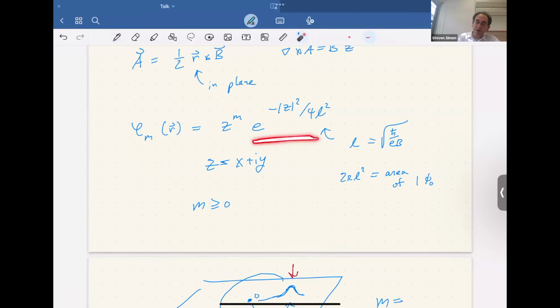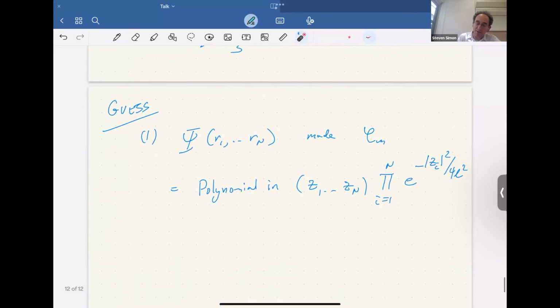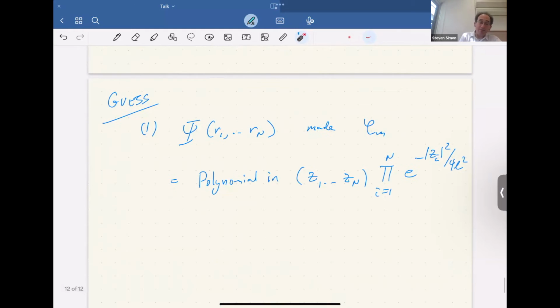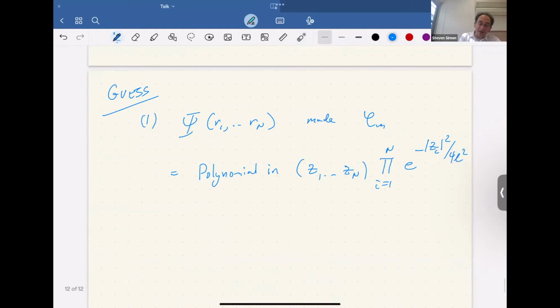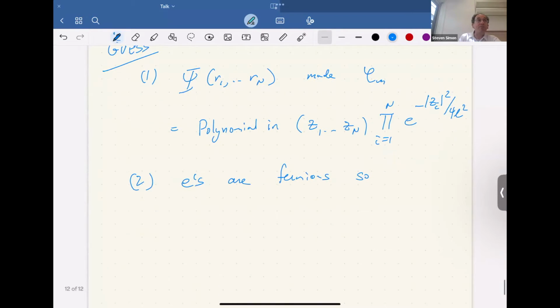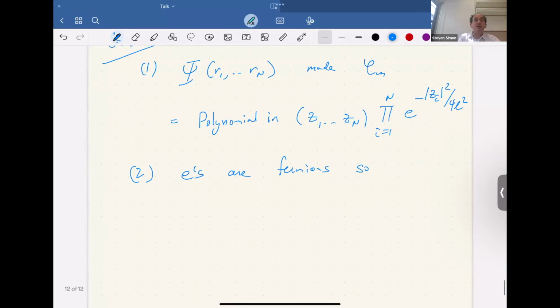Each particle has a Gaussian wave function, and then it will have a product of z to some m's. Second, for electrons, since we're considering electrons are fermions, that means that the polynomial must be antisymmetric.